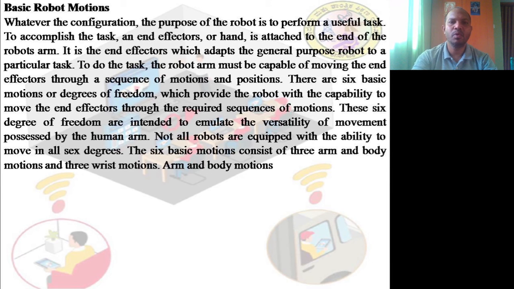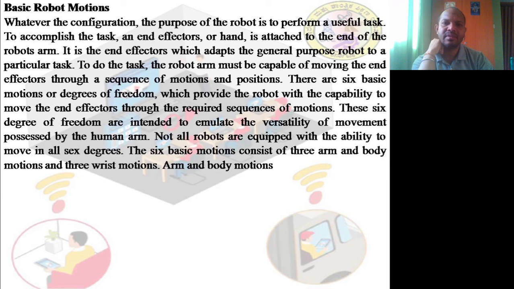The basic robot motions, whatever the configurations may be: the purpose of the robot is to perform a useful task. To accomplish the task, an end effector or a hand is attached to the end of the robotic arm. It is the end effector which adapts the general purpose robot to a particular task.